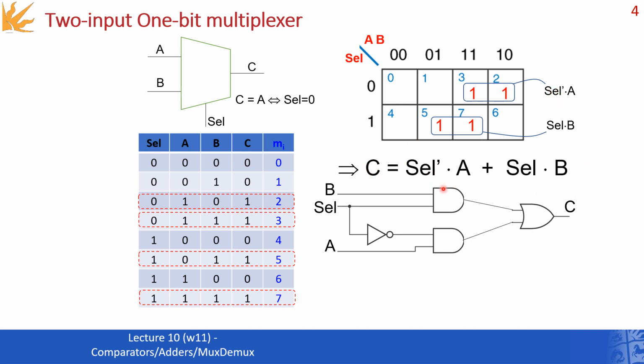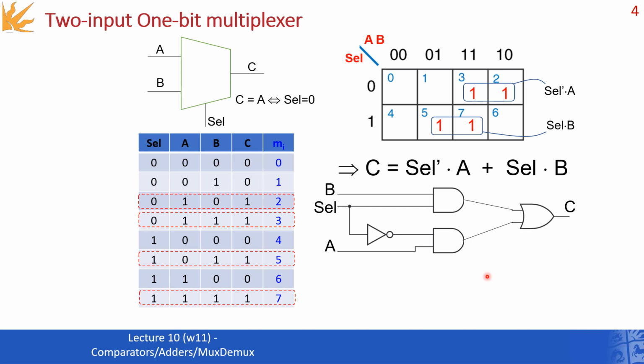It would be the selection dash times A or selection times B, which states the obvious. If the selection is false, then the output will be equal to A. And if the selection is true, the output should be defined by input B. Now, converting that into a circuit, this is how it will look like.